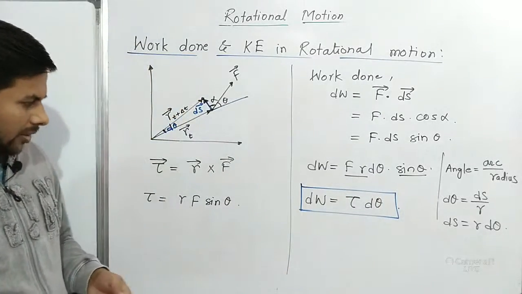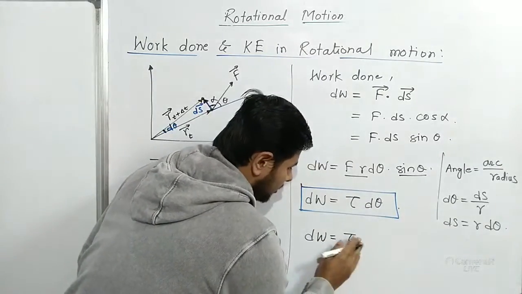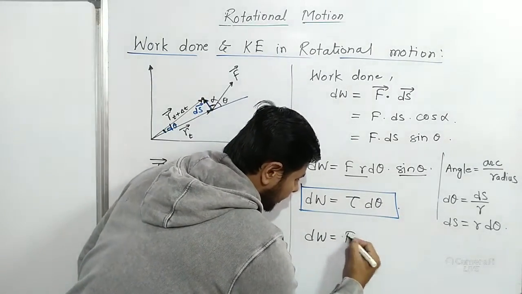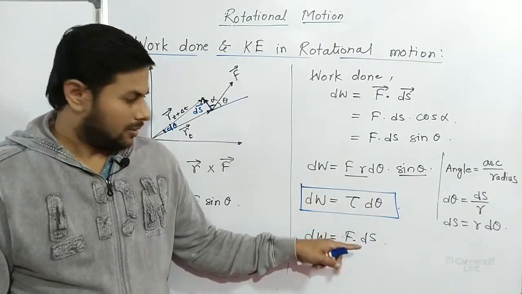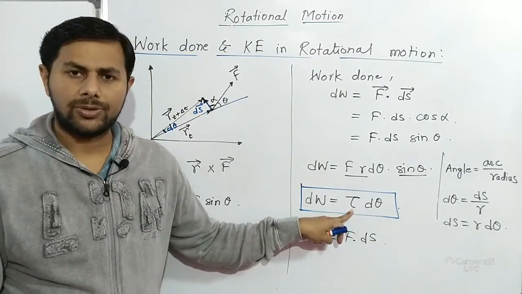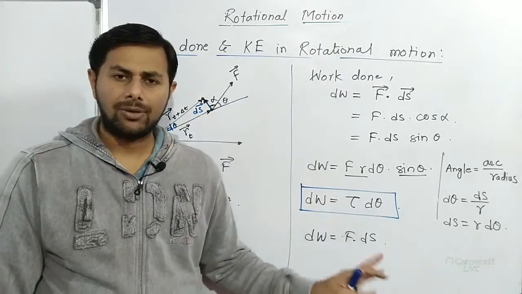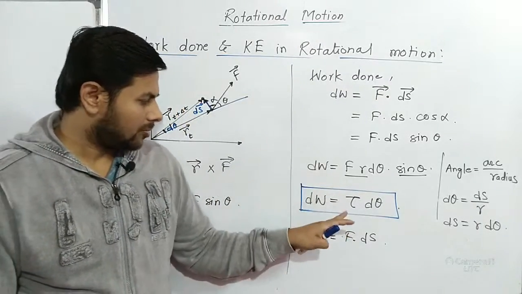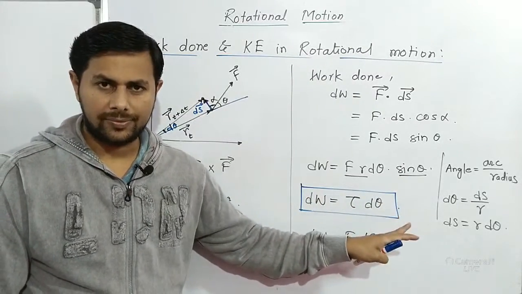In linear motion we have dW equals F times ds. The analogous quantity of force in rotational motion is torque, and of displacement is angular displacement. So we got dW equals tau times d theta.